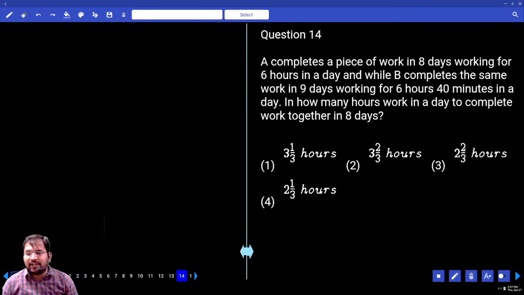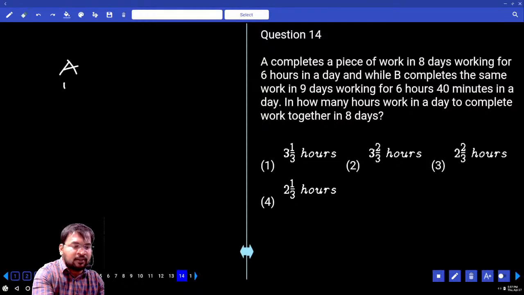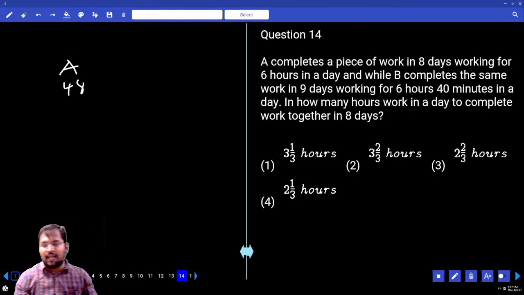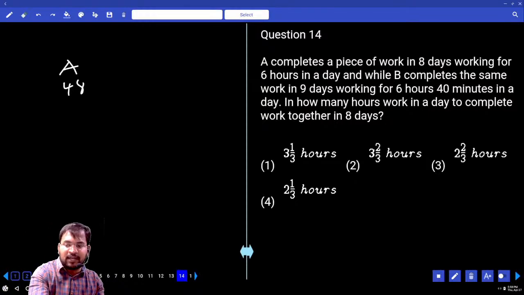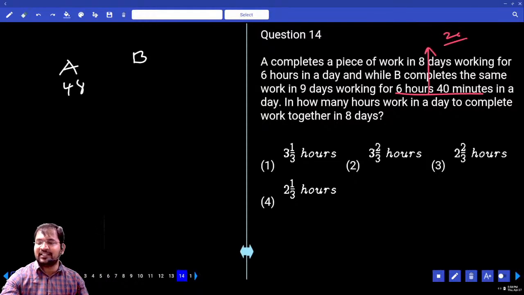A completes a piece of work in how many days? 8 days, working for 6 hours a day. 8 into 6 hours is 48 hours. I am converting all into hours. B completes in 9 days, working 6 hours 40 minutes. 6 hours 40 minutes is about 6 2 by 3, which you can write as 20 by 3. 20 by 3 into how many days?